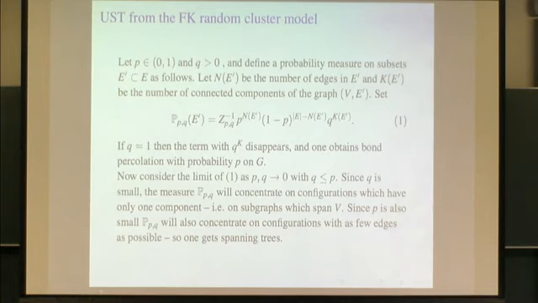It turns out that since q is small, this probability will concentrate on configurations which have only one component, on subgraphs which span V. And since p is also small, it concentrates on configurations with as few edges as possible. So it ends up that one gets spanning trees. And a little thought tells you that n plus k is bigger than or equal to the number of vertices. So a short calculation tells you that if in fact q is less than or equal to p, and you then let the limit go to 0, you end up with spanning trees.